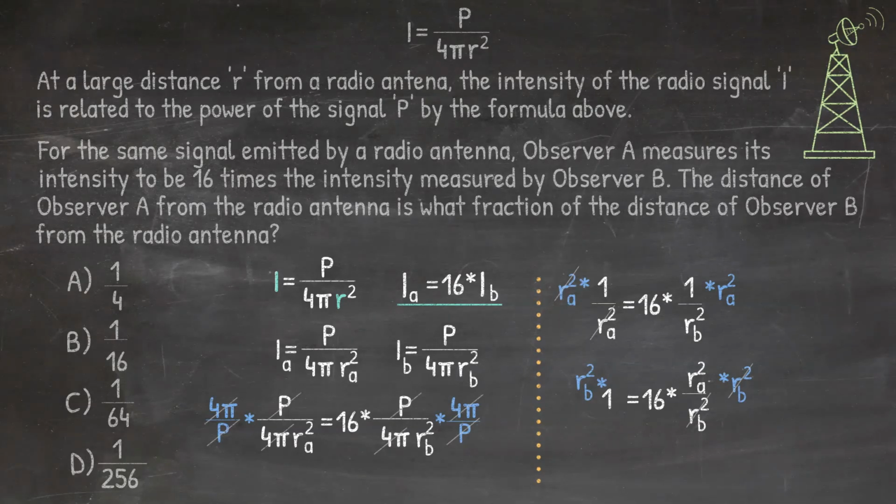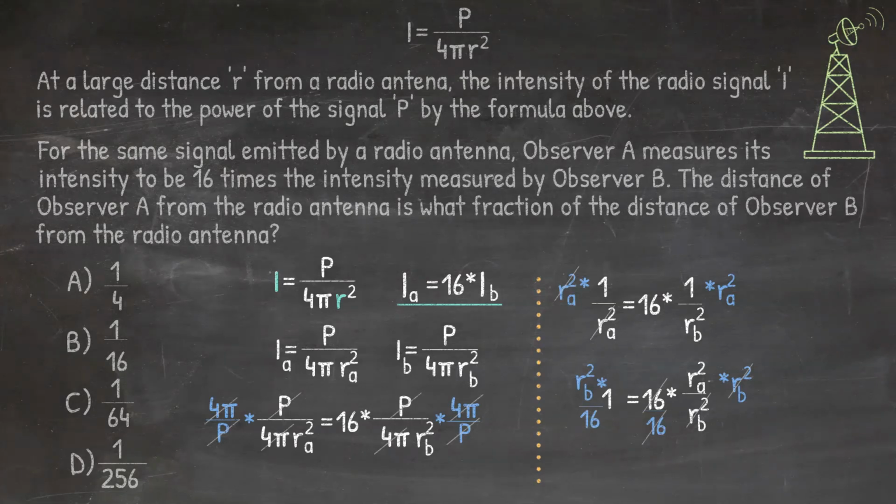Finally, since the question asks for the distance of observer A in terms of observer B, let's also move 16 to the left side. This way we will isolate the distance of observer A, and we do so by dividing both sides by 16, which cancels it out on the right side.